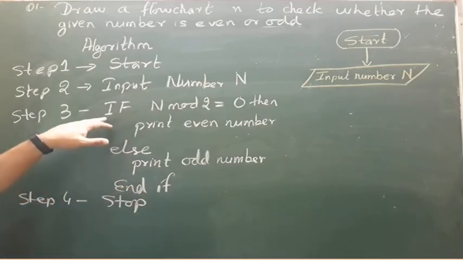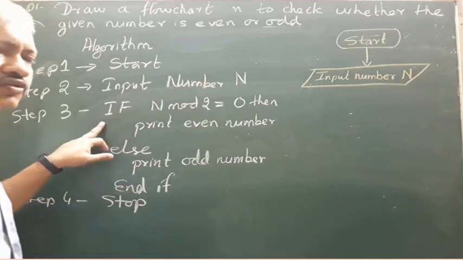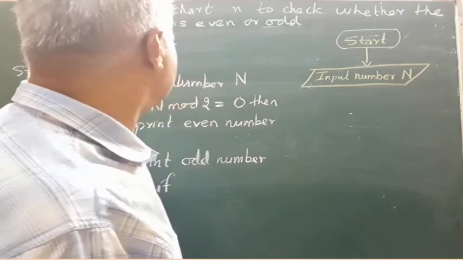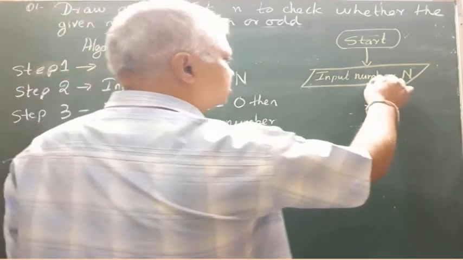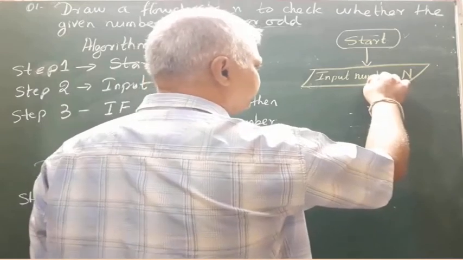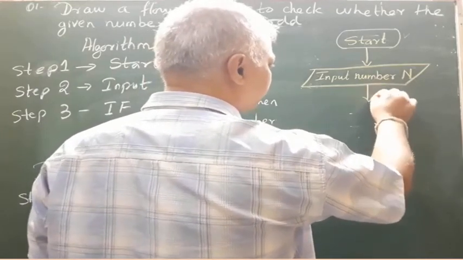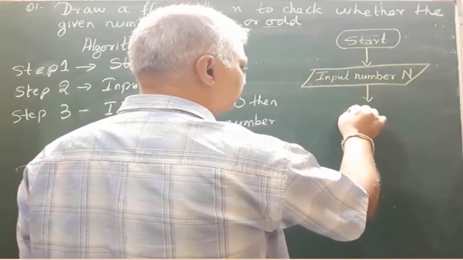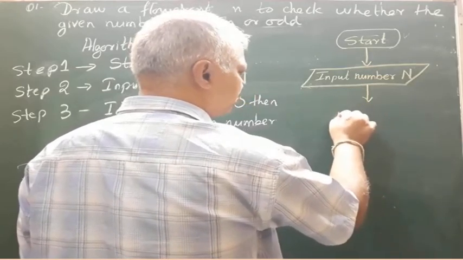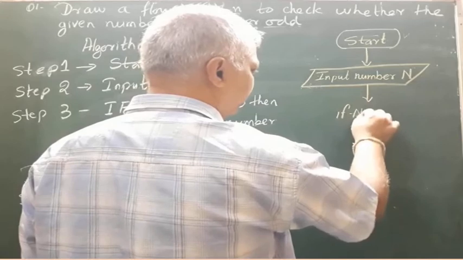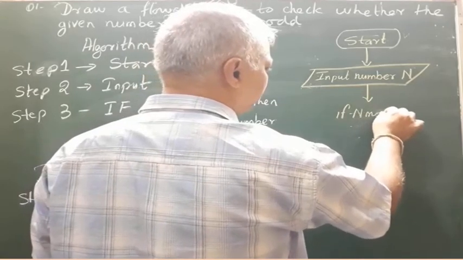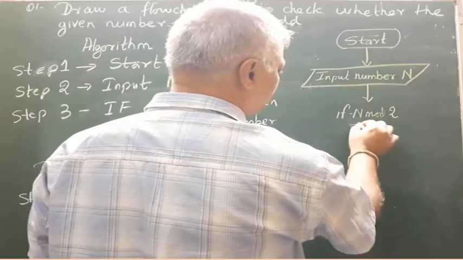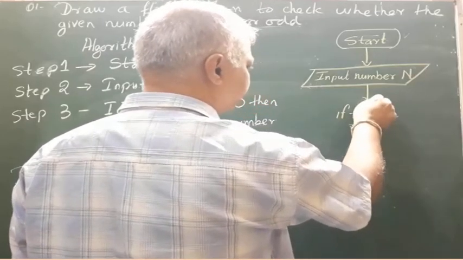Next is the if condition. For that we have to use the diamond shape, that is the conditional structure that we use. If n mod 2 equal to 0.